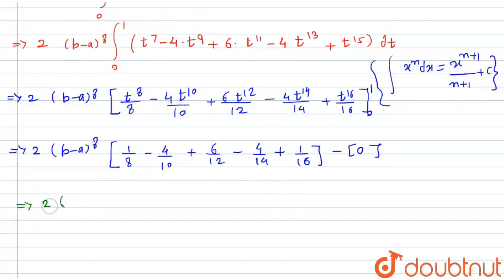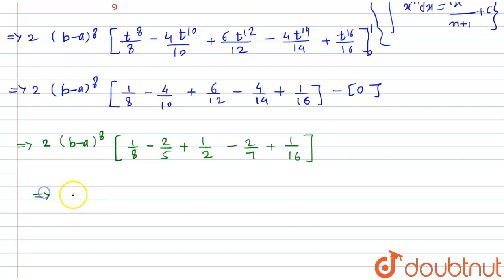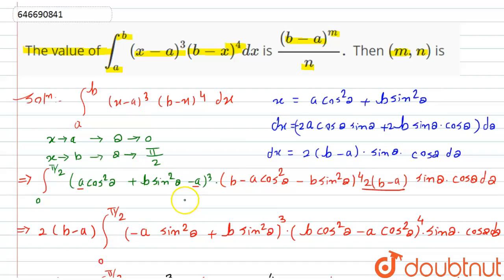We get 2 (b minus a) raised to 8 times 1 by 8 minus 2 by 5 plus 6 upon 12, which is nothing but 1 by 2, minus 2 divided by 7 plus 1 divided by 16. On solving this, we get the final value as (b minus a) raised to 8 divided by 280.